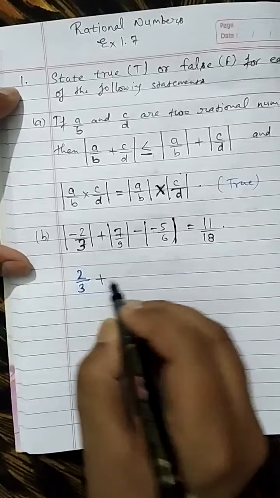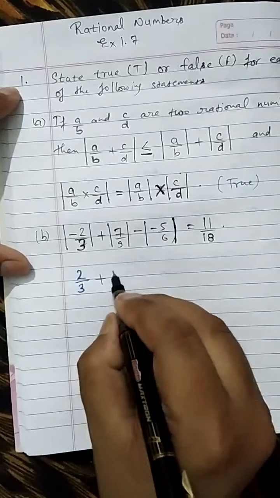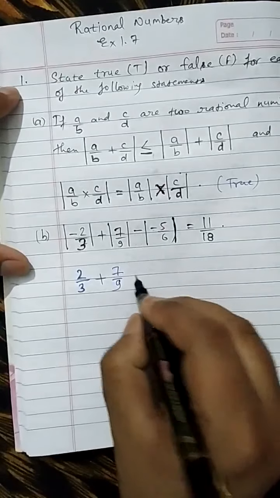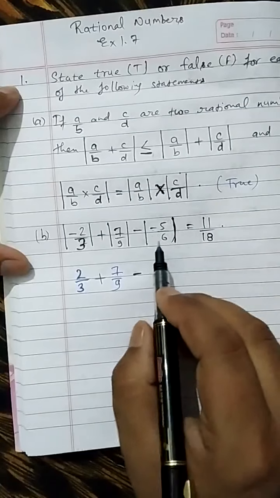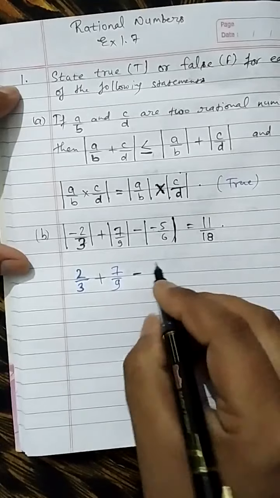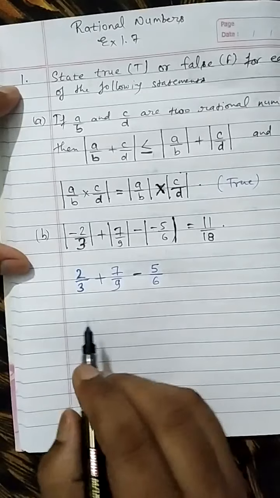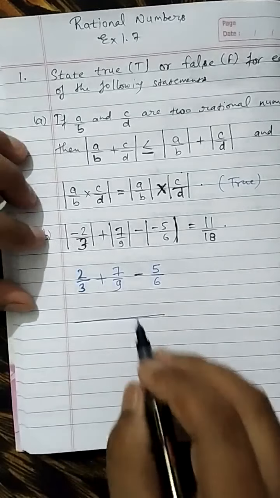Now this 7 upon 9 is positive itself, so we'll write 7 upon 9, nothing to be changed. This minus sign will be here, and when this negative rational number minus 5 upon 6 comes out of the absolute sign, it will become a positive rational number. Now this is a very simple simplification type question.